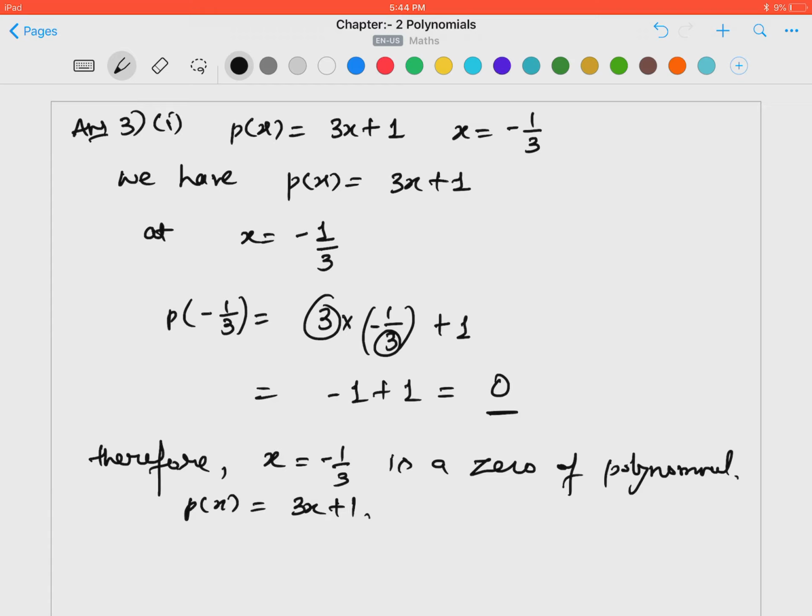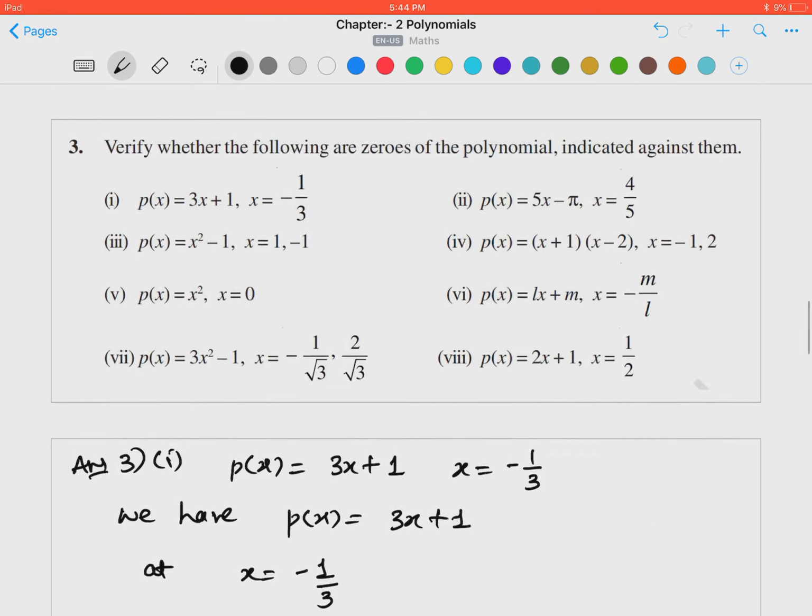So if it is 0, you have to write this statement. Therefore x equals to minus 1 by 3 is the 0 of the polynomial px equals to 3x plus 1. Okay, that's how we have to find this.